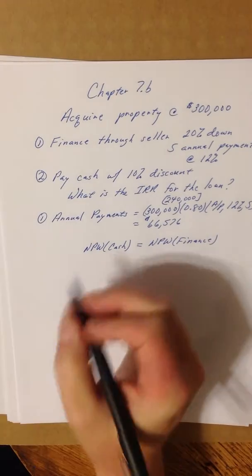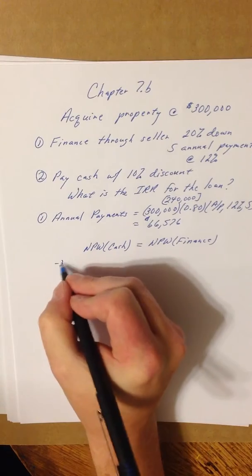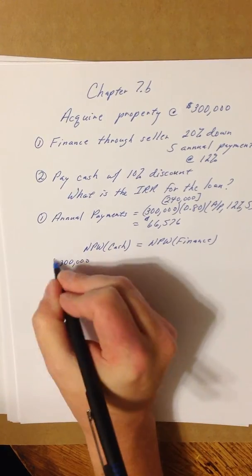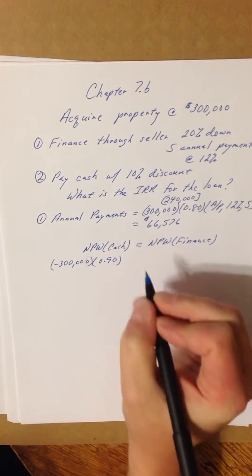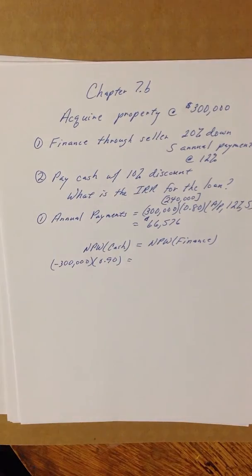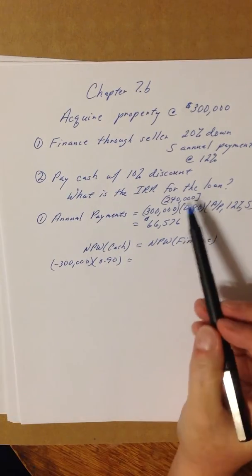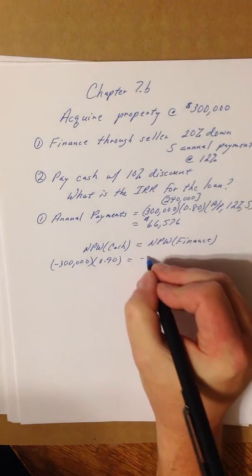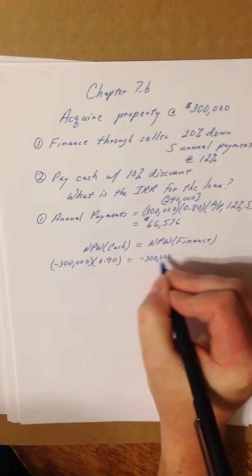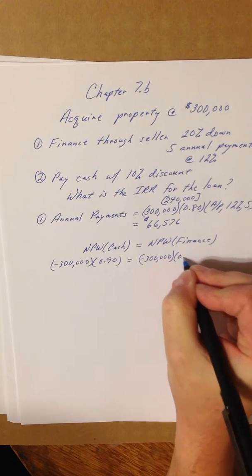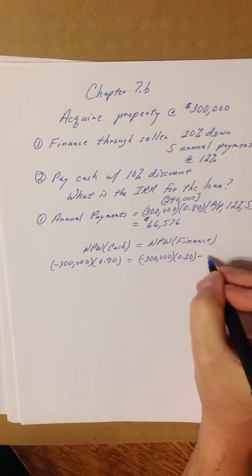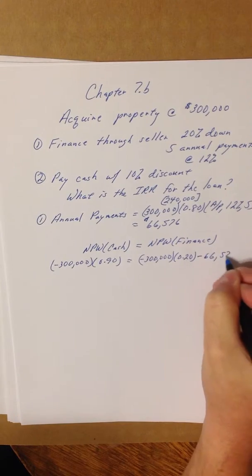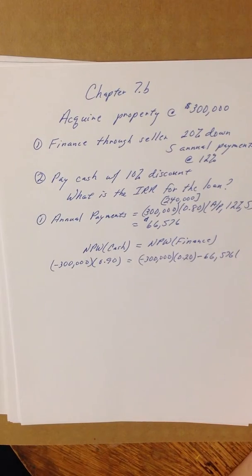Okay, so the net worth of the cash is $300,000, but we get a 10% discount, which means it's 90% of that, and that is equal to what we have here, where we have the down payment, which is 20% of the $300,000, and then we're also paying $66,576 every year.